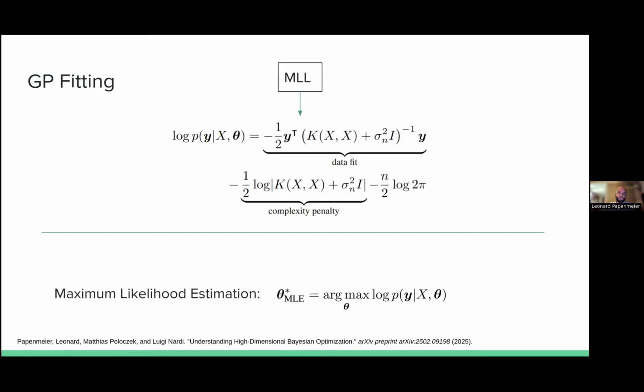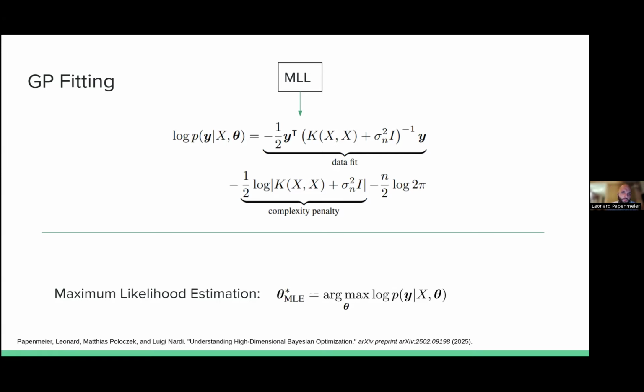Right, so we fit the GPs by maximizing the marginal likelihood. Or in practice, you usually take the log of the entire thing, and then it's the marginal log likelihood. Here we actually show the noisy case. So here you also model the function noise.